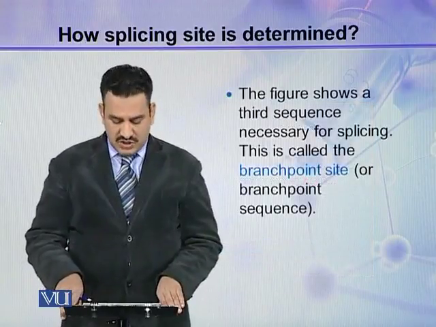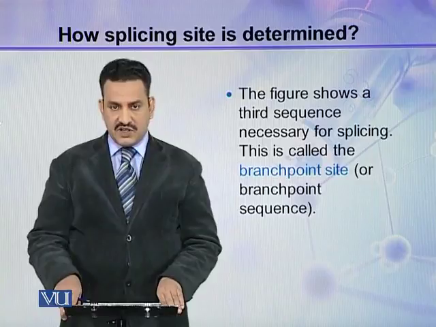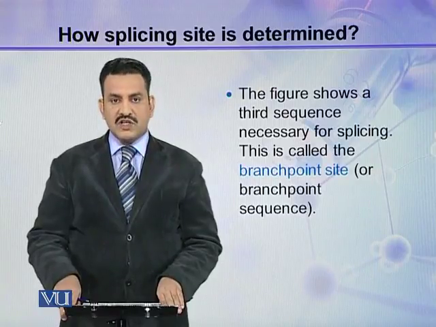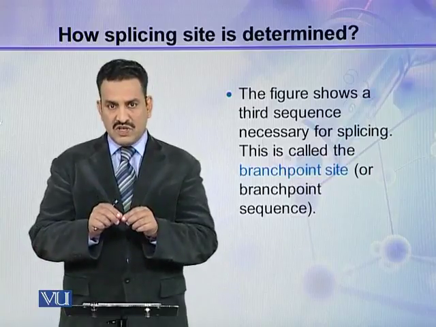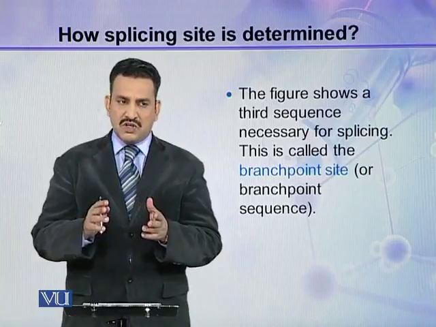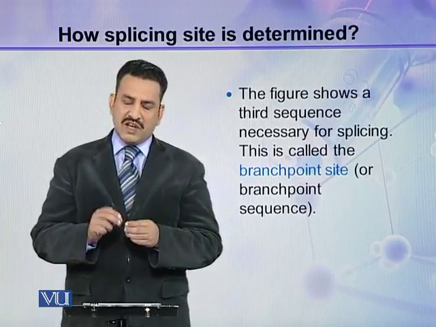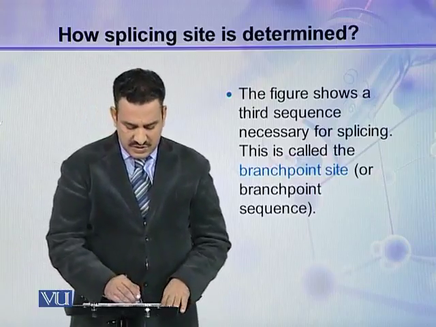The figure shows a third sequence necessary for splicing. This is called the branch point site or branch point sequence, and this is present in the center of the intron. It is not exactly in the center, but it is towards the 3' site.